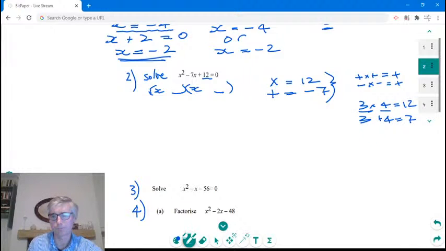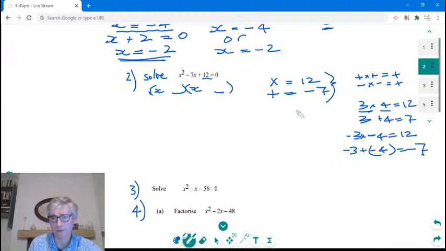But if we look at negative 3 and negative 4, if we times them together, they would still give us positive 12, because a negative times a negative is a positive. However, also, if we take negative 3 and add it to negative 4, we'd actually get negative 7.